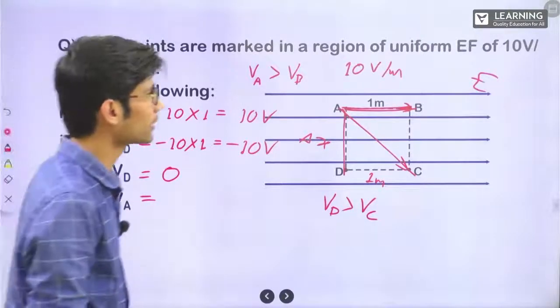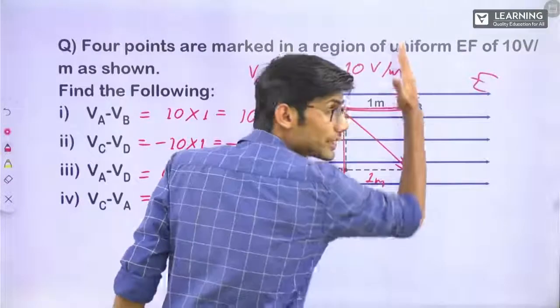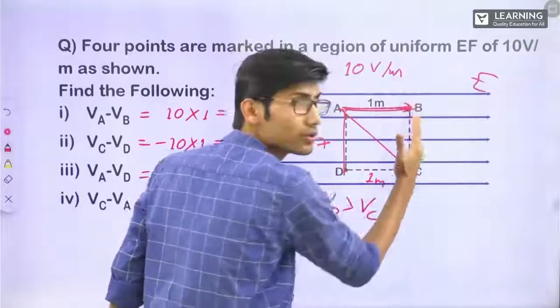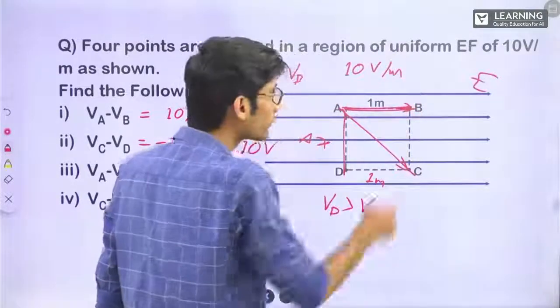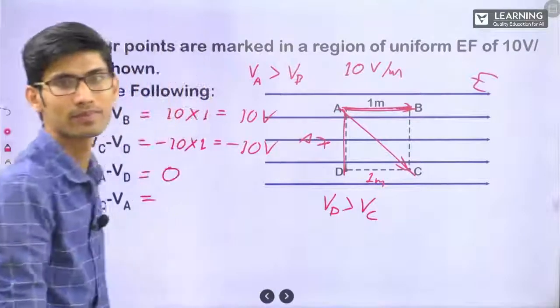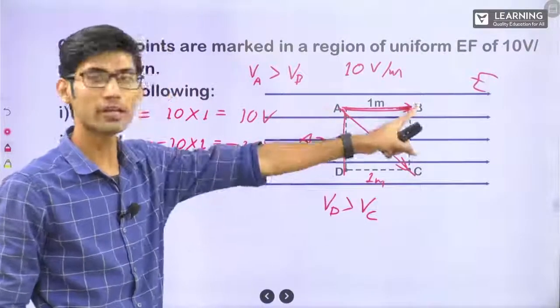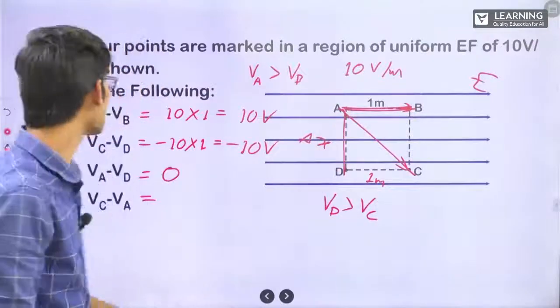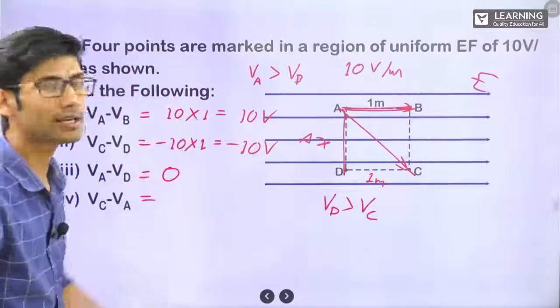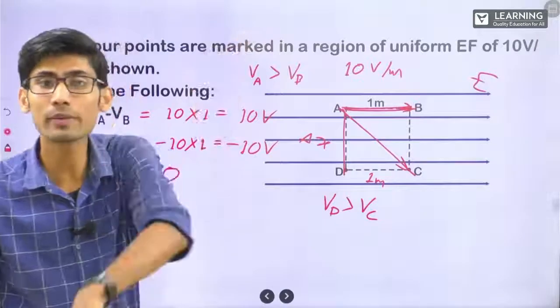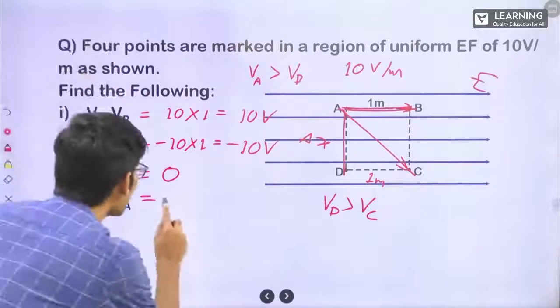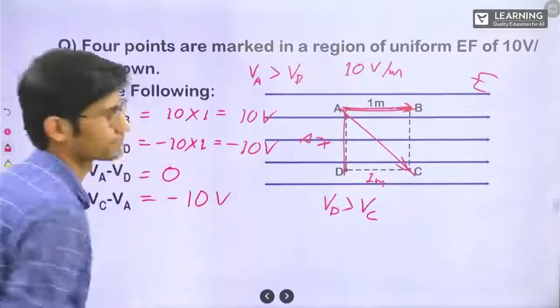Again, if you see this as an equipotential line, because it is perpendicular to electric field, it will be equipotential. That means VB and VC are same. So VA minus VB or VA minus VC both will be same. VA minus VB is 10. So VA minus VC will also be 10. So VC minus VA will be minus 10 volt.